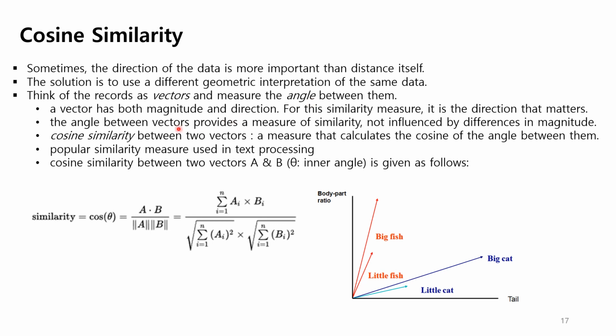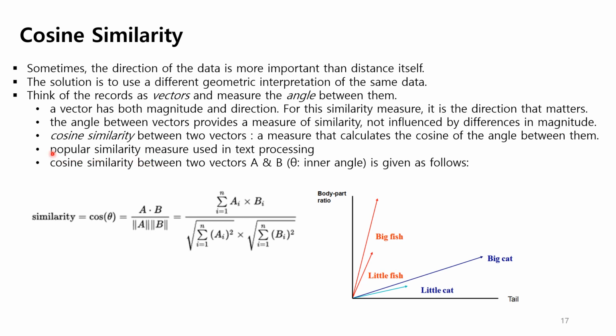As you can see here, a vector has magnitude and direction, and what matters is its direction. So cosine similarity is a measure that calculates the cosine of the angle between them. It's the cosine of the angle between two vectors, two data points.